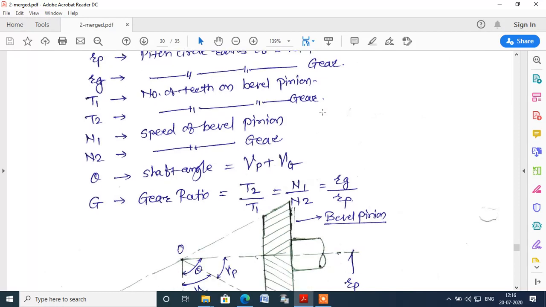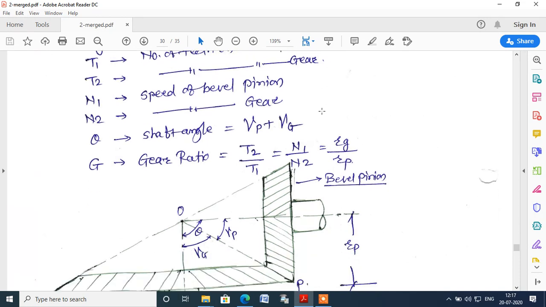N1 is the speed of the wheel pinion, and N2 is the speed of the wheel gear. Theta is nothing but the shaft angle, so gamma p plus gamma g equals theta, and it is always 90 degrees, as we know. Gear ratio, so T2 by T1, is nothing but N1 by N2, and it is nothing but RG by RP.